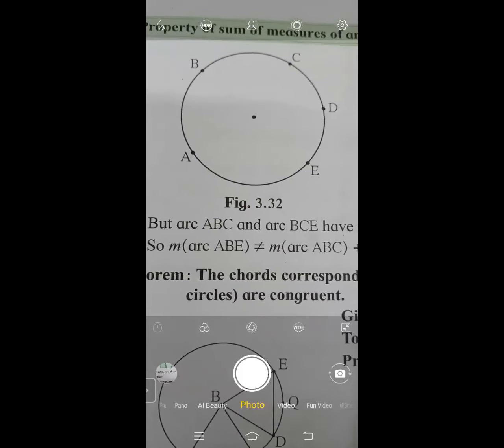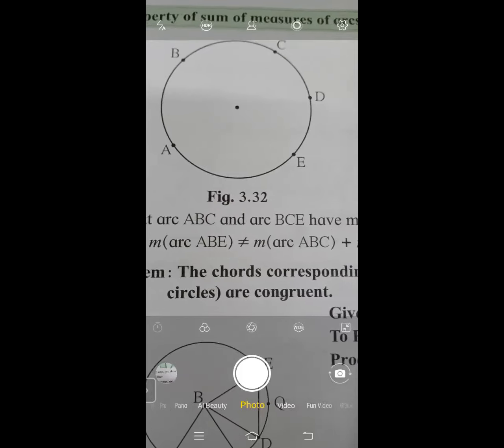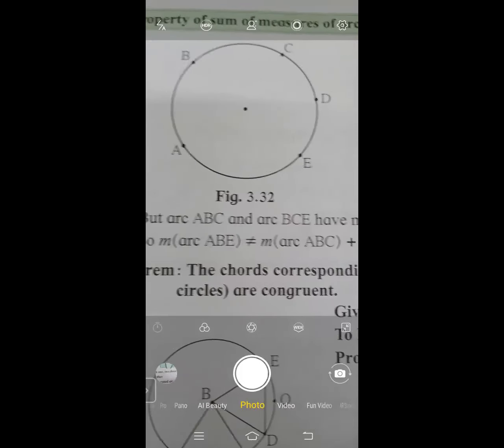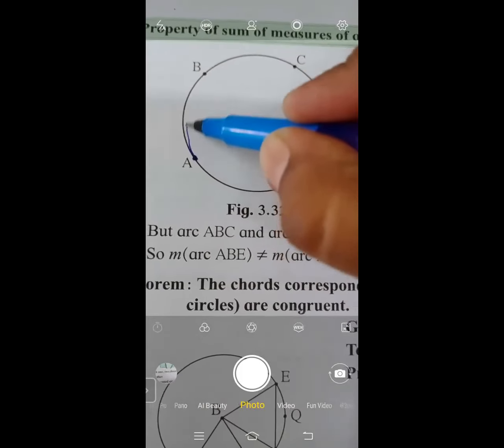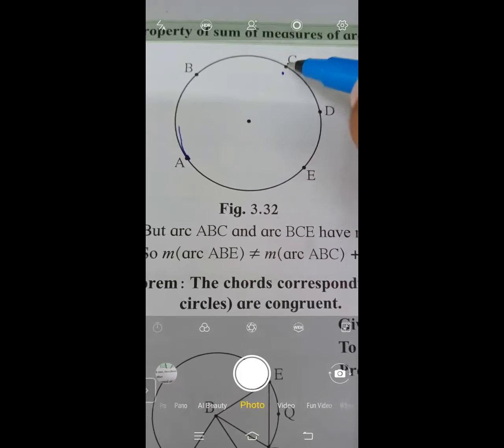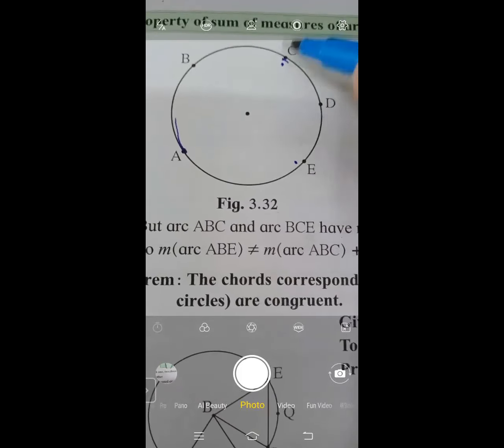So they are called concyclic. Then we have taken two arcs, which are ABC and CDE. Try to locate these two arcs, ABC and CDE. They have a common point, C. So the measure of the arc ACE is the sum of the measures of arc ABC and CDE.